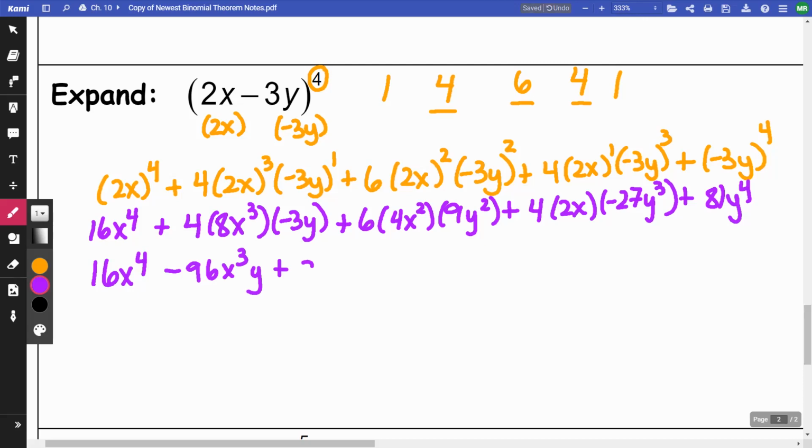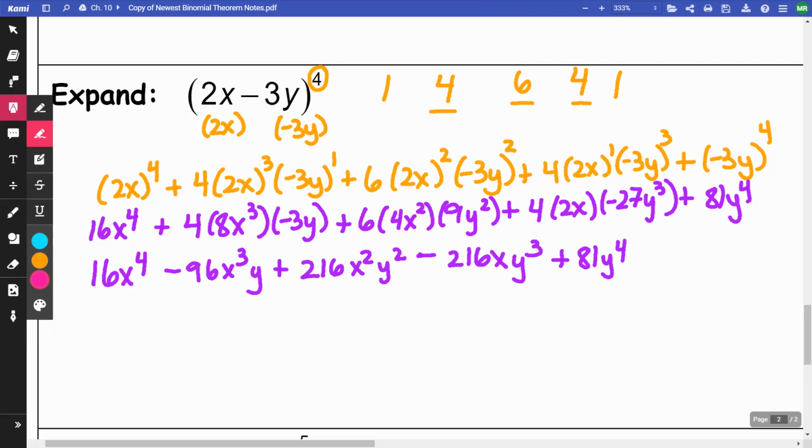So that's going to be a 216 x squared y squared. Now here on the next one, it's actually going to be negative. It's going to be a minus. I have a 4 times 2 times a negative 27, which is a negative 216. That's why this is a minus 216 x y to the third, plus 81y to the fourth.